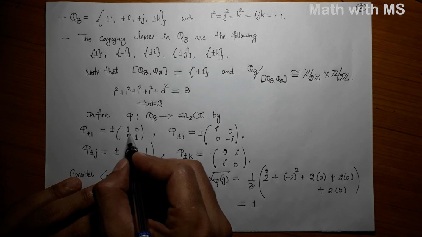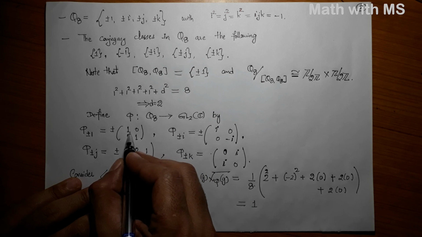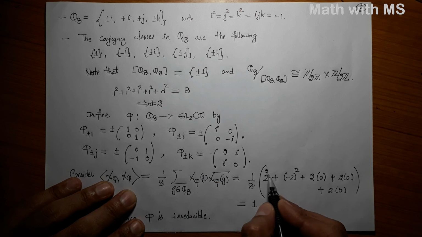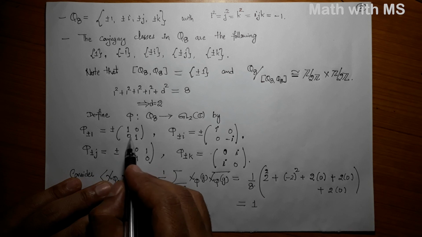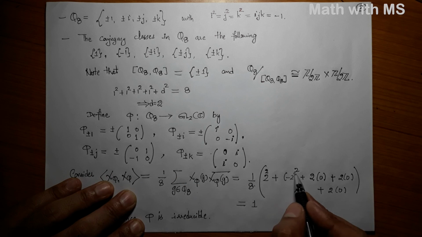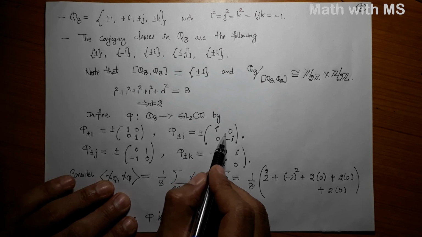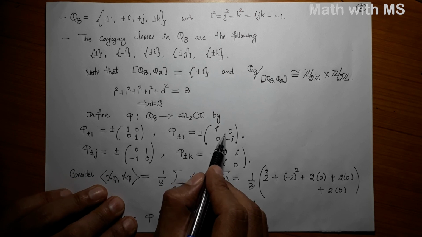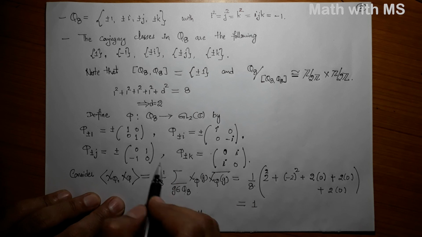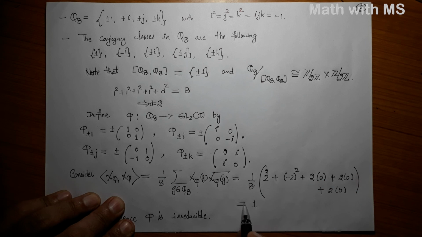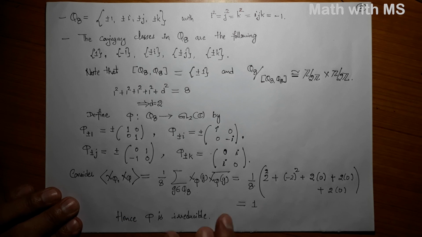It has to be 2, which is the degree of the representation. So 2 into 2, 2 square. Of minus 1, it is minus 2, so minus 2 square. And here notice that the character in each remaining case is 0 because the trace is 0. So nothing is contributed, which becomes 8 by 8, that is 1. And therefore the representation phi must be irreducible.